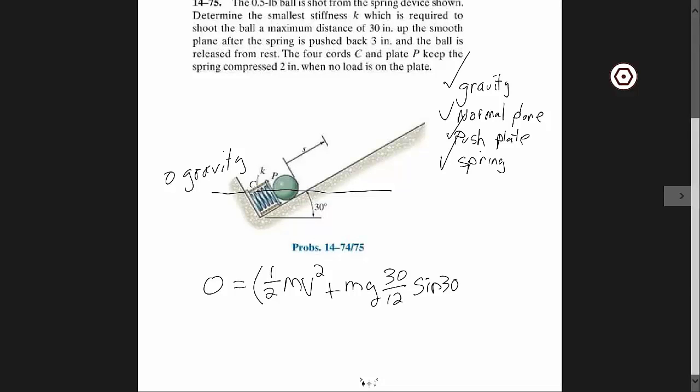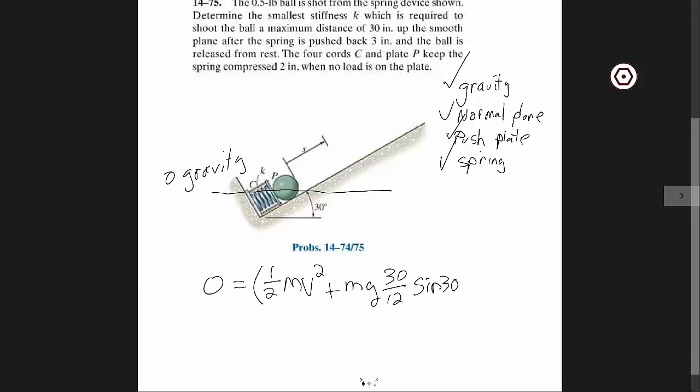Anybody else got energy? Let me ask it another way. Who else has energy? The spring. Unless he's at his free length. But he's got those 4 cords holding him down, right? Okay, so if he's bent, then he has energy. How much is the spring energy?